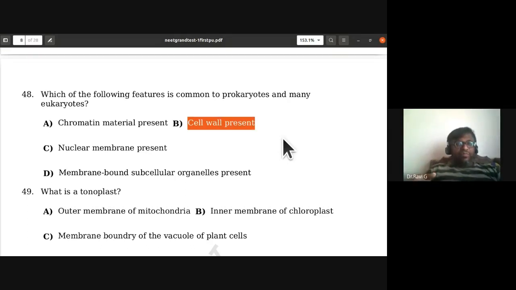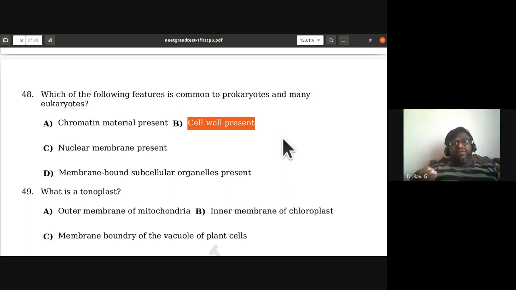If you take fungi, they have cell wall, but it is made up of chitin. In protista also, they have cell wall. In majority of organisms, they do have cell wall. In the plant kingdom, they have cell wall. The prokaryotes, bacteria, also have cell wall. Cell wall is a common feature when compared to all the four statements.